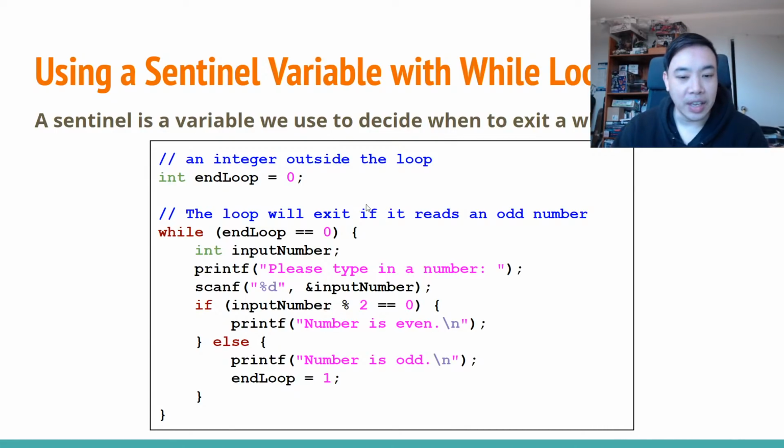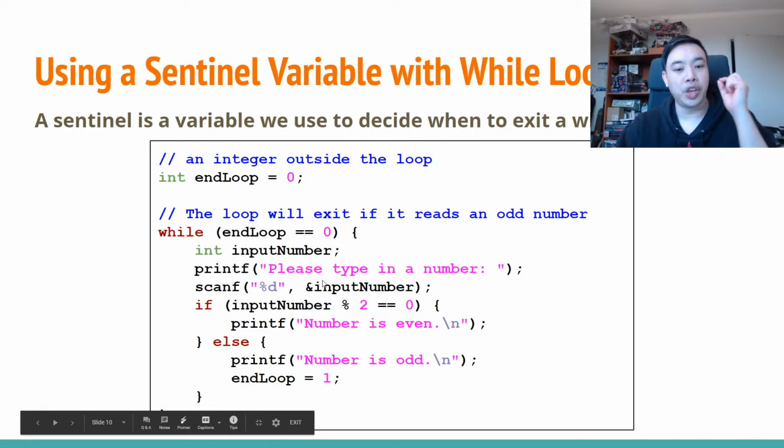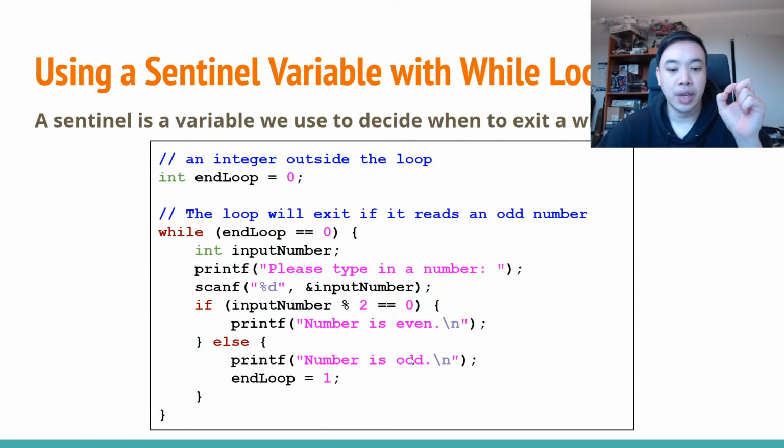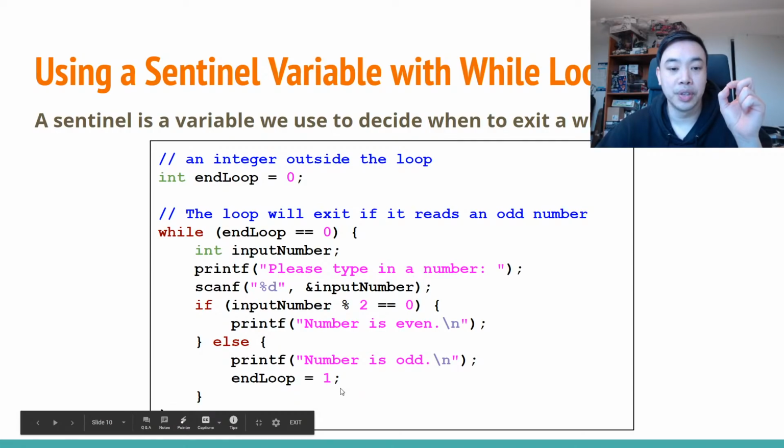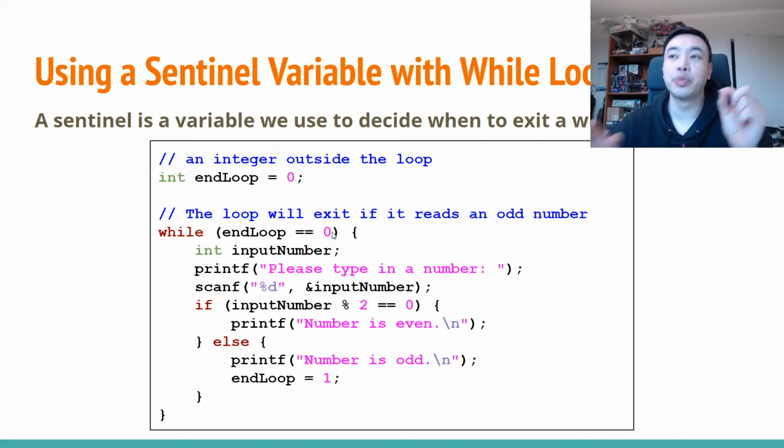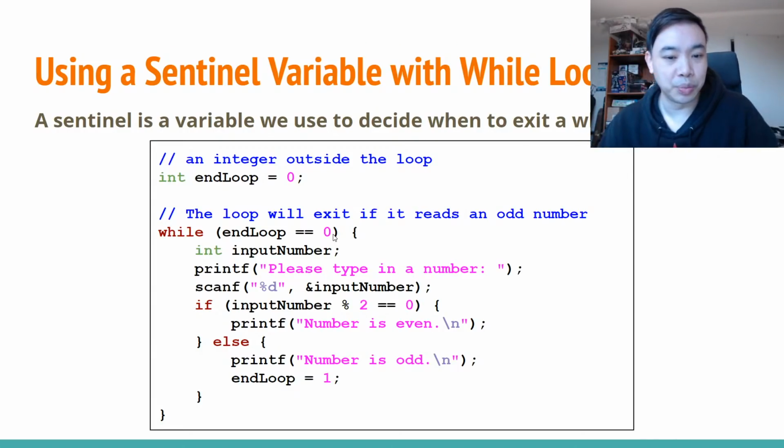But what I'm writing here is code that will keep receiving numbers from our user and checking them to see if they're even or odd. If the number is even, we're going to continue. If the number is odd, we're going to end the loop. So every time we run the loop, we check that end loop is equal to 0. We're basically saying, is end loop false? If end loop is false, then we'll continue. There's other ways we can write this as well, but I just want to make this one super explicit.